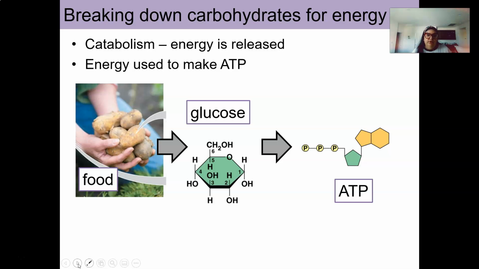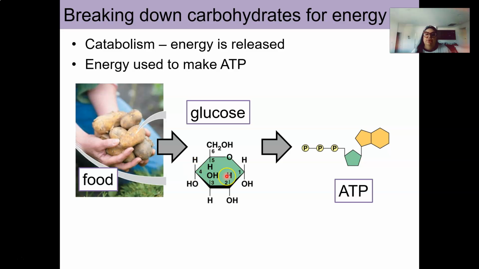On a molecular level, it actually comes from catabolism. Energy is released from the food we eat. Energy is used to make ATP. We eat food. It is broken down into simpler molecules.